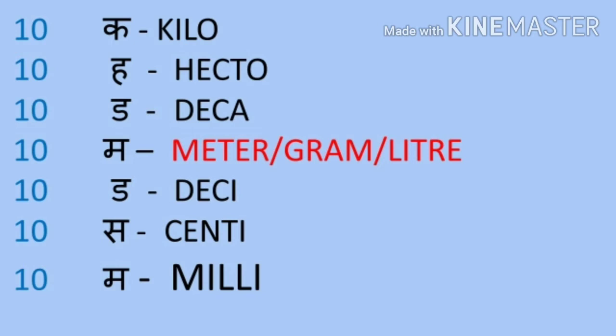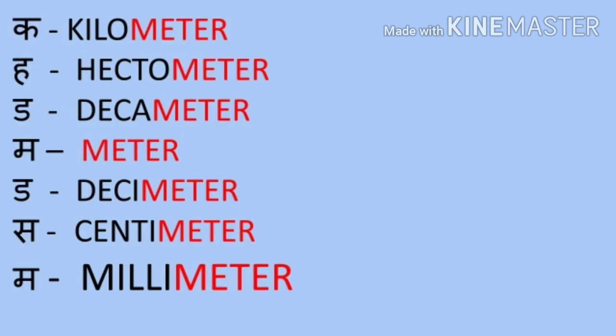Now we will learn how to read in different values. If you are talking about meter, then Ka for kilometer, Ha for hectometer, Da for decameter, Ma for meter, Da for decimeter, Sa for centimeter and Ma for millimeter.